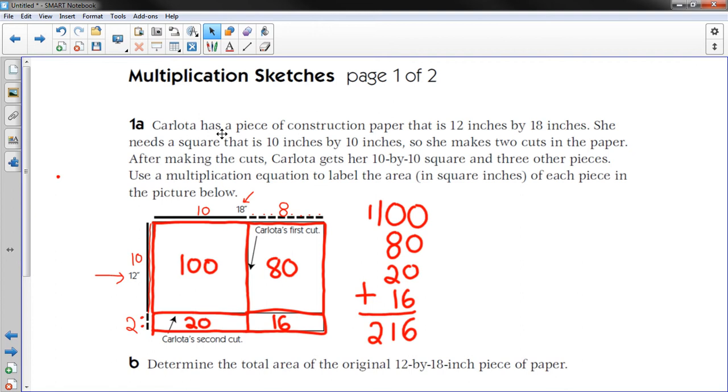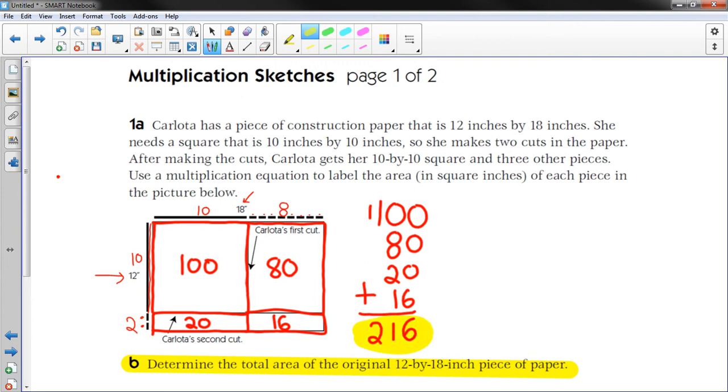I don't know if you can see that or not. Right here. Now I'm doing B. Determine the total area of the original 12 by 18 inch piece of paper. Well, I already solved that. 216. And did I solve 1A just to double check?